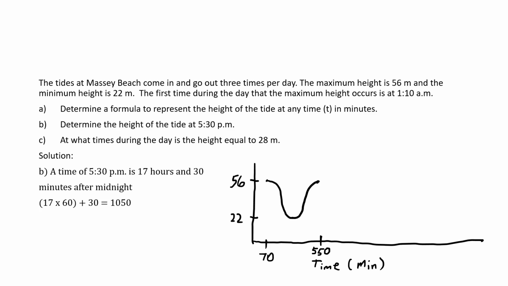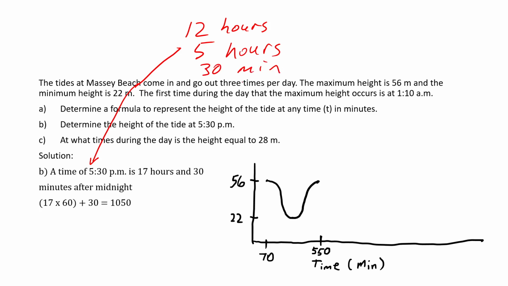How about part B, when it says to determine the height of the tide at 5:30 p.m.? Well, what we want to do is figure out how many minutes after midnight 5:30 p.m. is. 5:30 p.m. means that we're into the p.m., which means we've already gone by 12 hours, plus an additional 5 hours, plus 30 minutes.